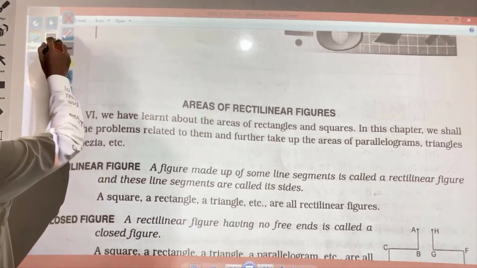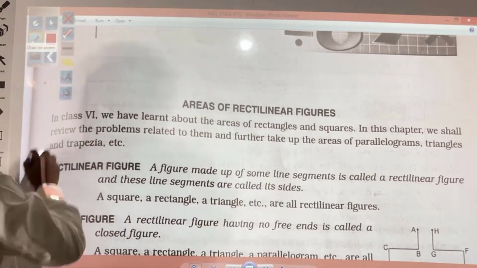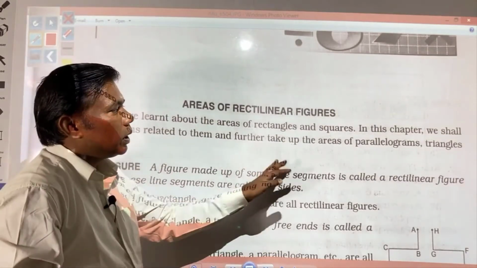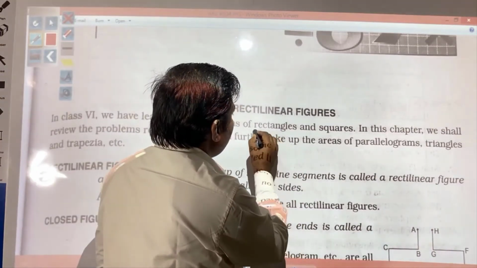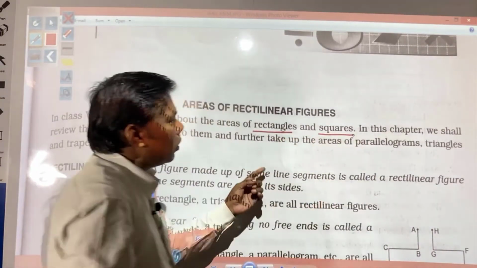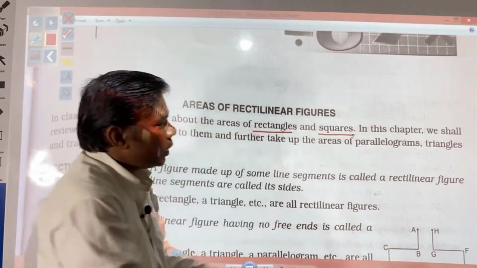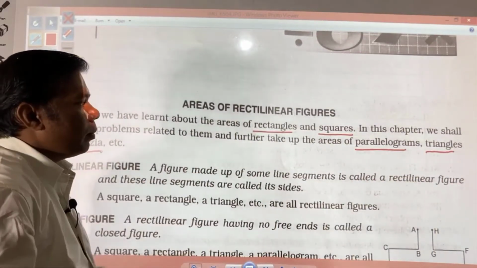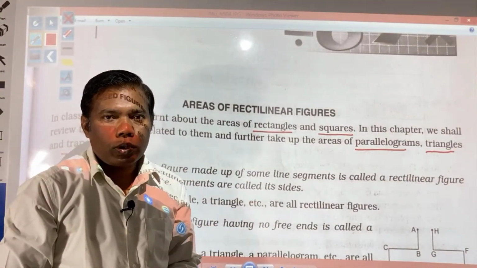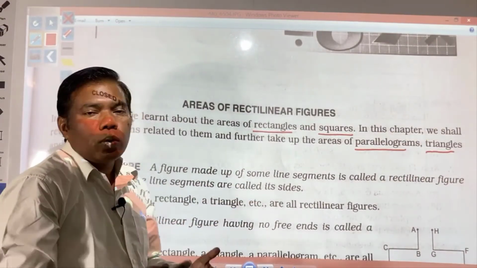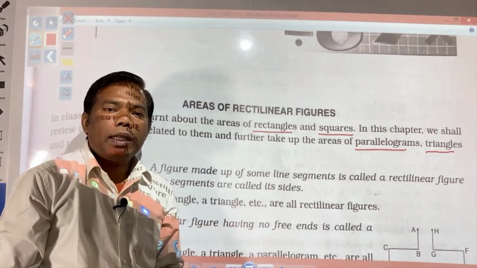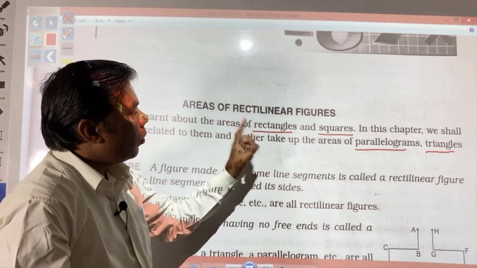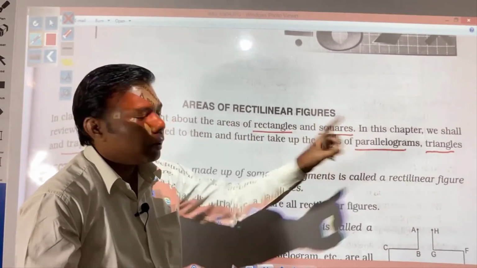Before starting, you must have a proper concept about rectangles, squares, parallelograms, triangles, trapezium, rhombus and many other things. If you don't know, please go through them properly. They were already there in your previous classes, so you must not have any confusion with rectangles, squares, parallelograms and others.